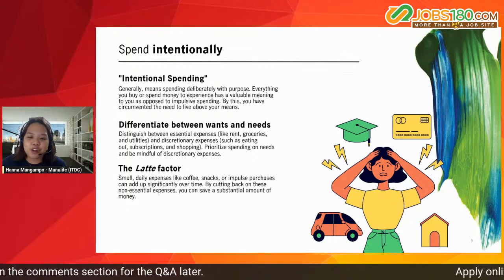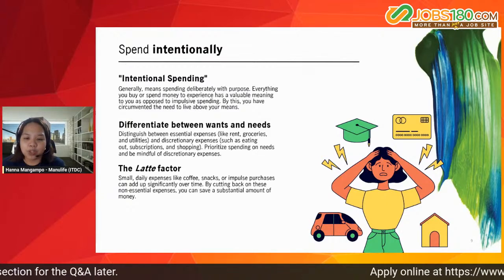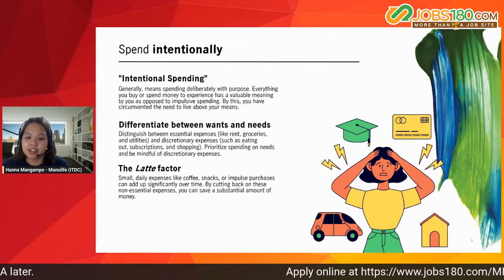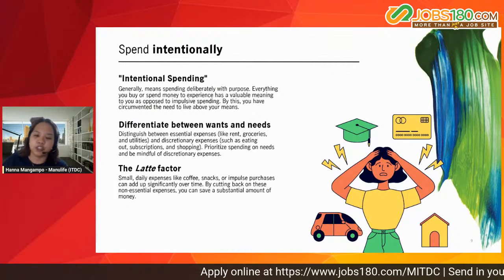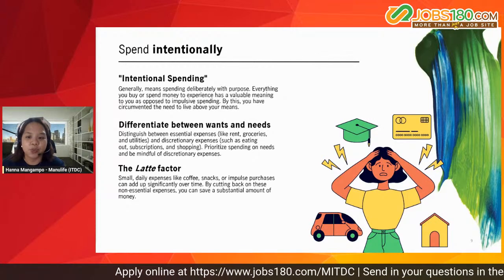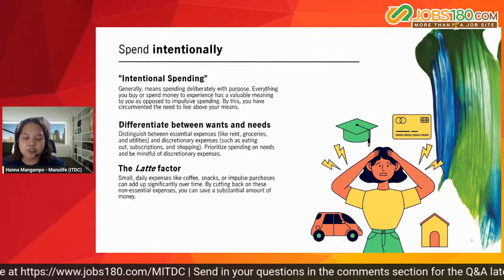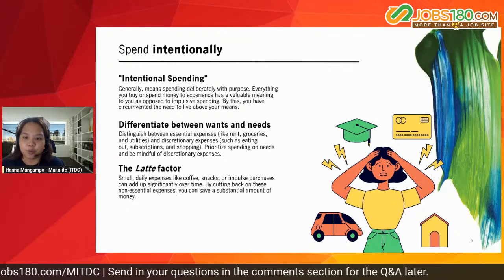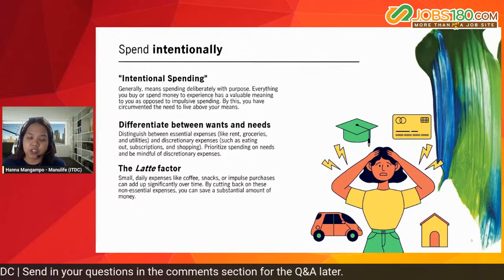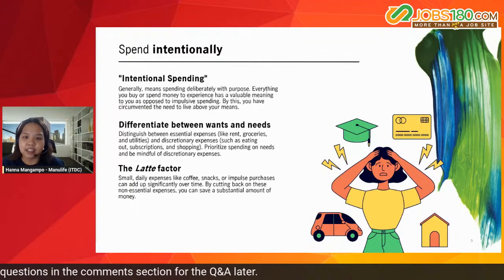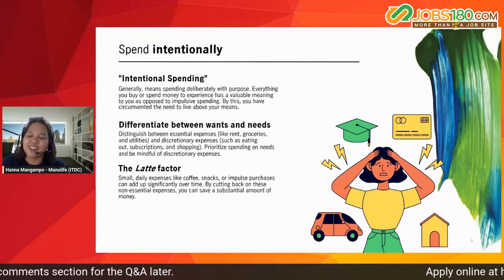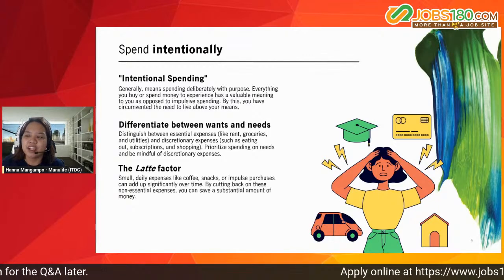So, for us to differentiate what are our wants and needs, key needs would be those that fall into rent, utilities, groceries, and then wants would be those discretionary expenses that we always or most likely do in our daily lives, like eating, your random cravings, very common siya sa age natin.